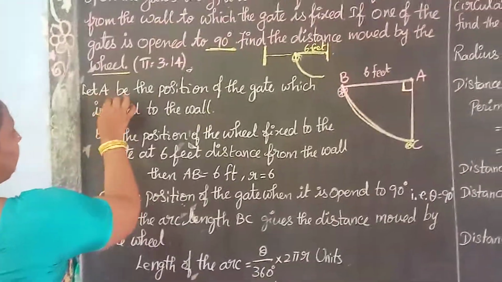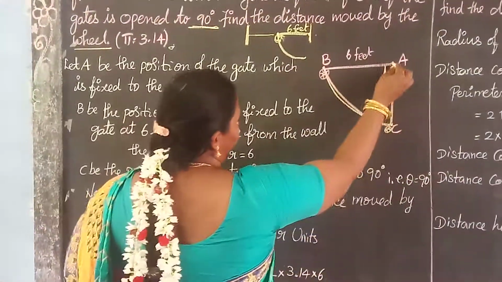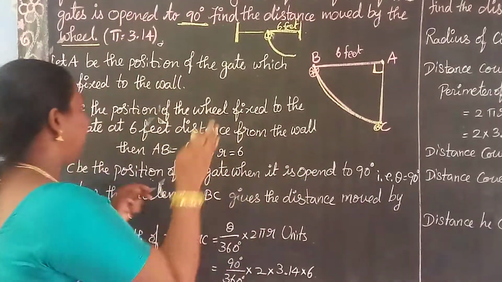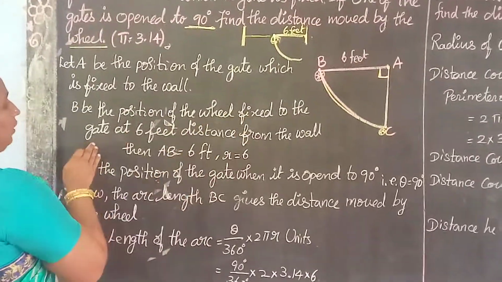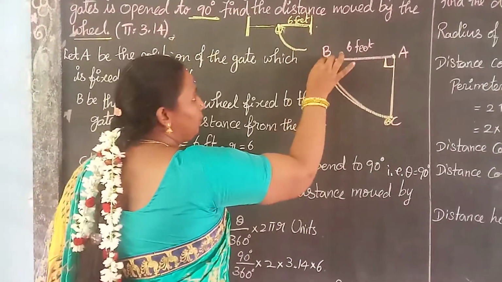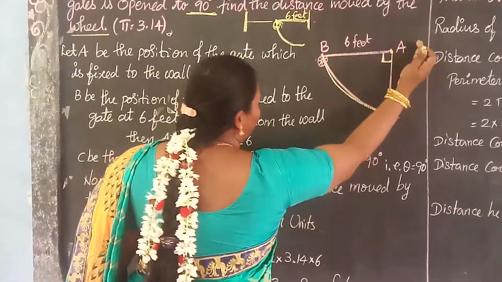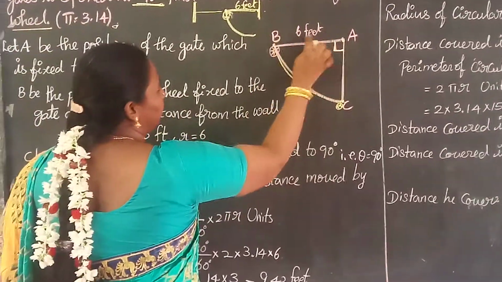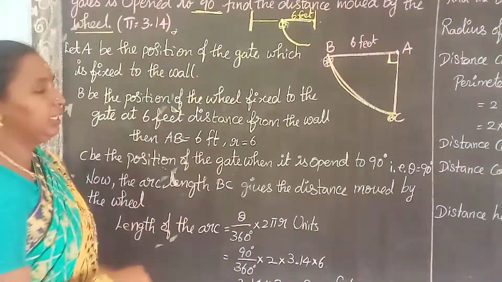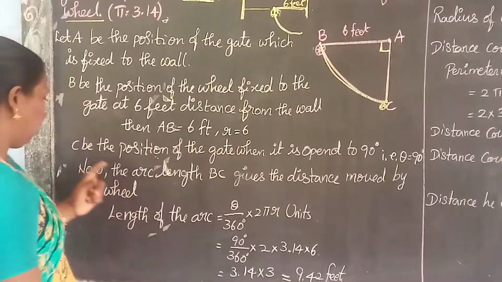Now let A be the position of the gate which is fixed to the wall, and B be the position of the wheel fixed to the gate at 6 feet distance from the wall. So B is the position of the wheel; the wheel is fixed here. From the wall to this wheel, the distance is given as 6 feet. That is AB equal to 6 feet, which is the radius of this circular quadrant, r equal to 6.